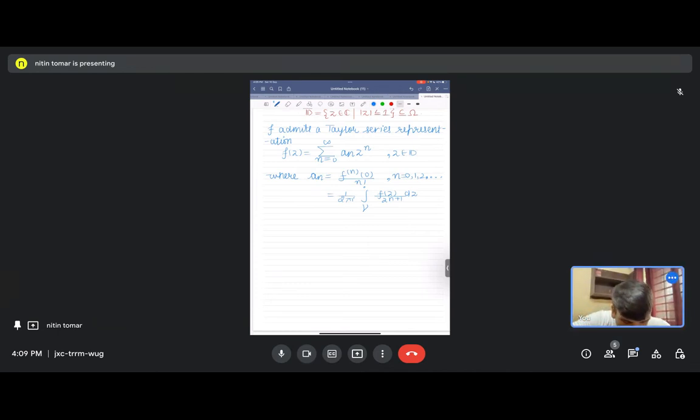So this being clear, equivalently, f(z) is a_0 plus a_1 z plus a_2 z squared and so on, for all z in D, where a_(n-1) is actually 1 upon 2 pi i, integral over gamma of f(z) by z^n dz, and this is for all n starting from 1.